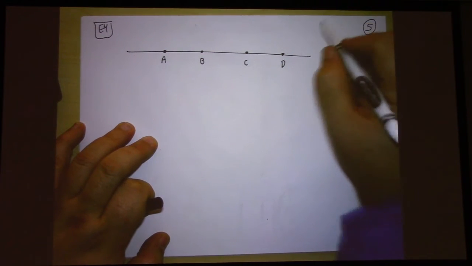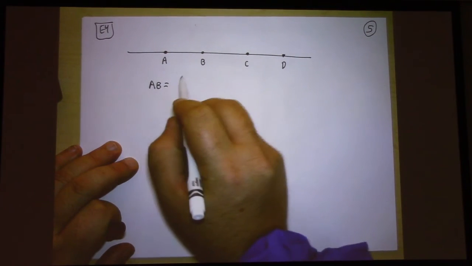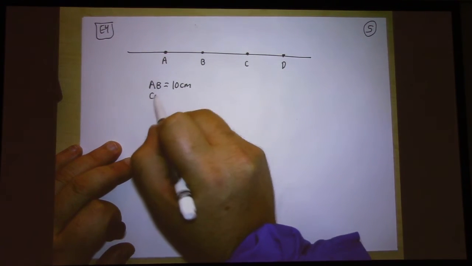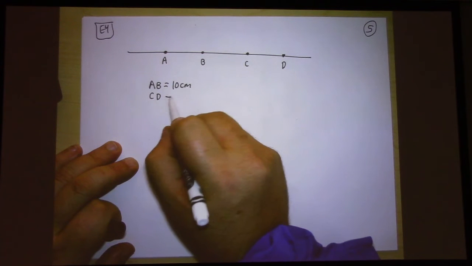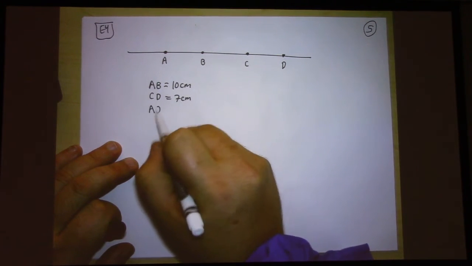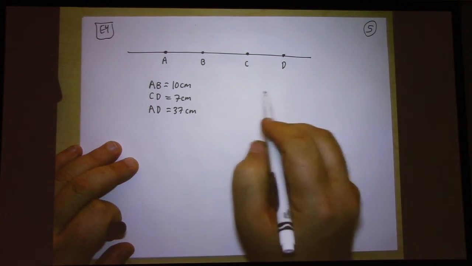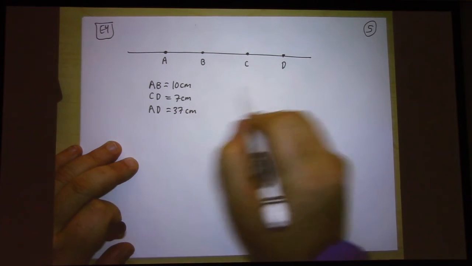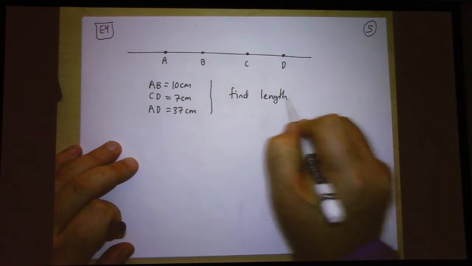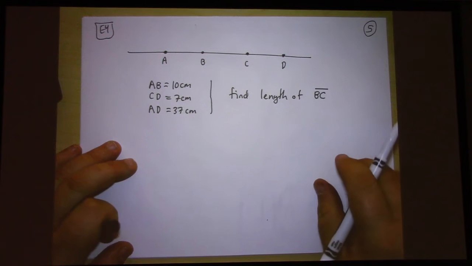You're given that AB is 10 centimeters. You're given that CD is 7 centimeters. You're given that AD is 37 centimeters. And you're supposed to find the length of BC. So how are we going to do that?